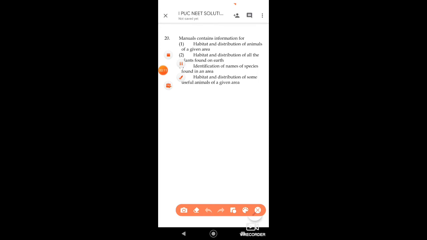The 20th question we have is, manuals contain information for what? First of all, let me tell you that manuals are taxonomic keys, which are very essential for the identification of plants. In other terms, manuals are books where we can find complete compiled information.